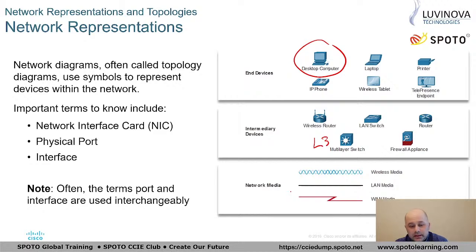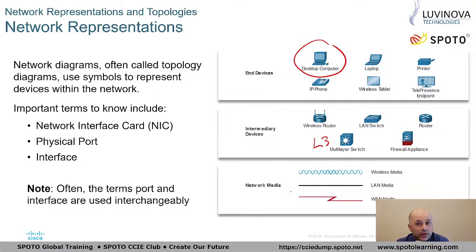We will talk about that as well. So what is important, guys, to know in terms we are using in networking? Network interface card. Basically every device, if it needs to be connected within the network, needs a network interface card. Without it, the device cannot be present in the network.